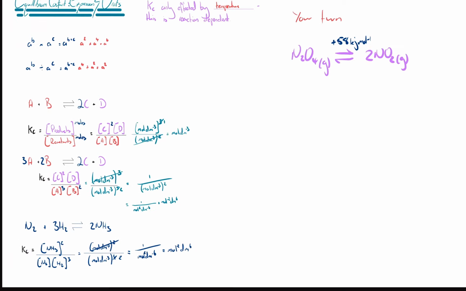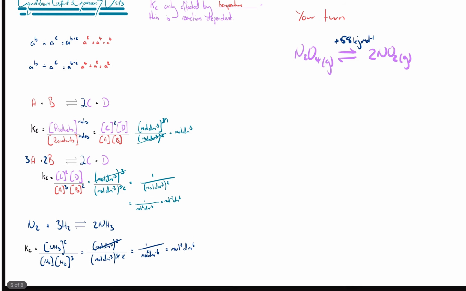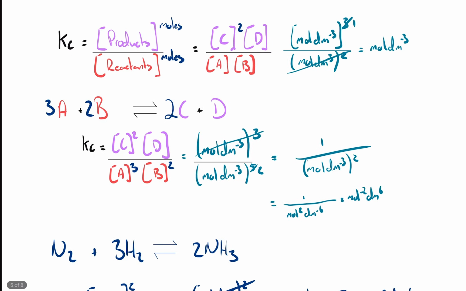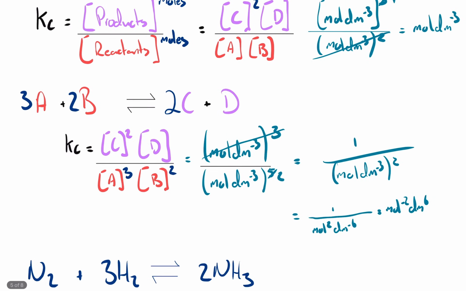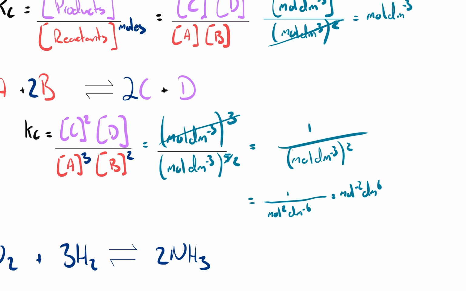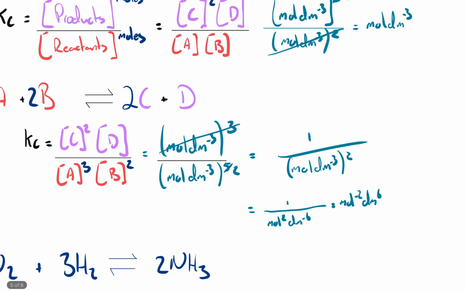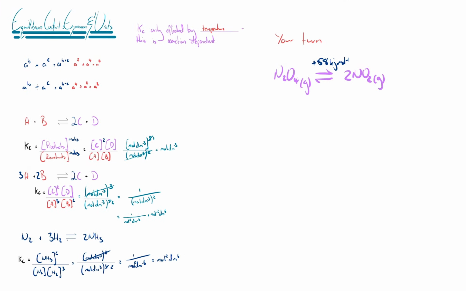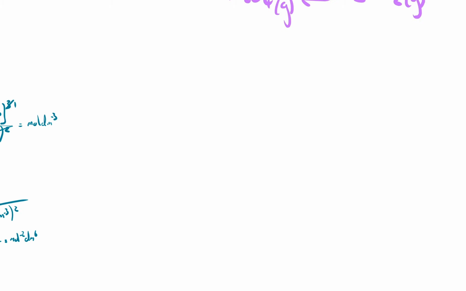Now, worth noting, hopefully you can see, if we had an example where we had equal moles on both sides, so say if this was 1, 1, 1, 1, then we'd have 2 lots of moles per decimetre cubed on both top and bottom, and hopefully you can see there'd be no units. So let's quickly do that.